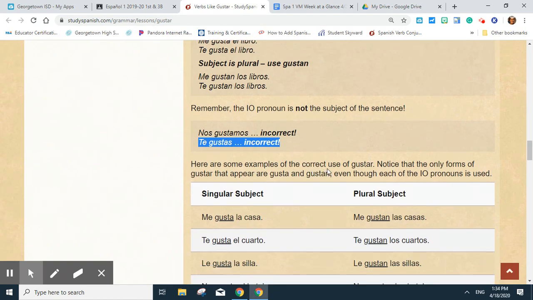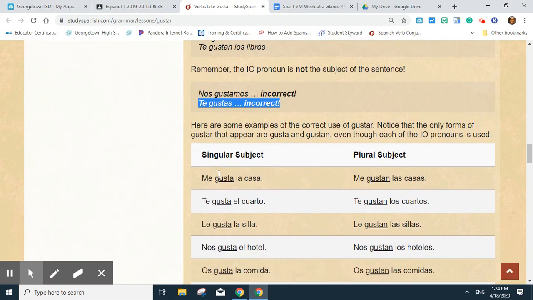Here are some examples of the correct use of gustar. Notice that the only forms of gustar that appear are gusta and gustan, even though each of the indirect pronouns is used. Singular subject, plural subject. Me gusta la casa. Me gustan las casas.